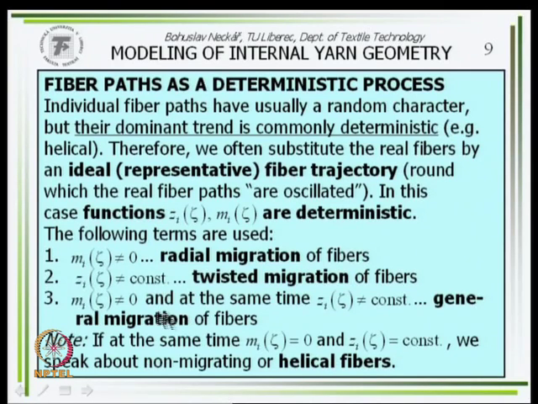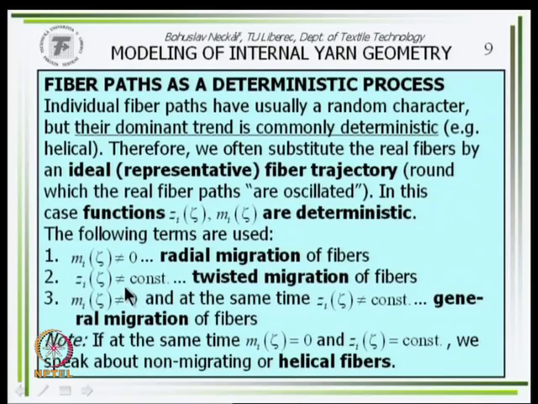If mi(zeta) is not equal to 0 for all fibers, for all i, what is it? m was dr by d zeta. If it is not equal to 0, then the radius of the fiber path is changed, isn't it? We speak about the radial migration of fibers.